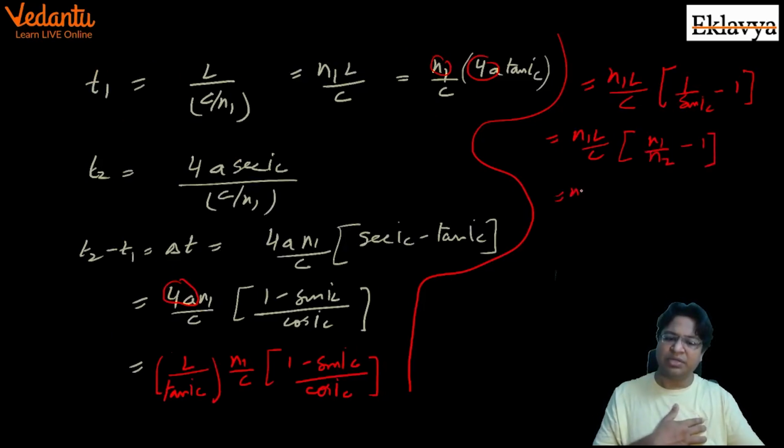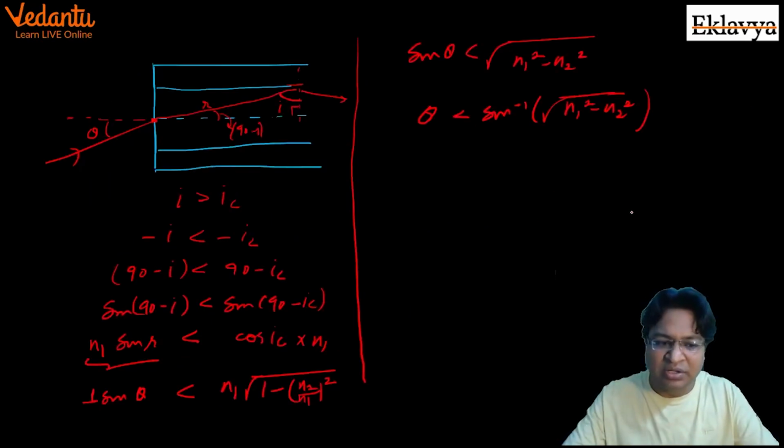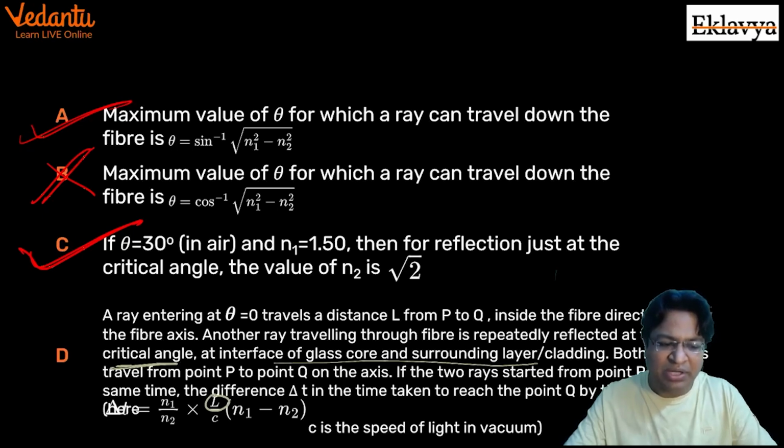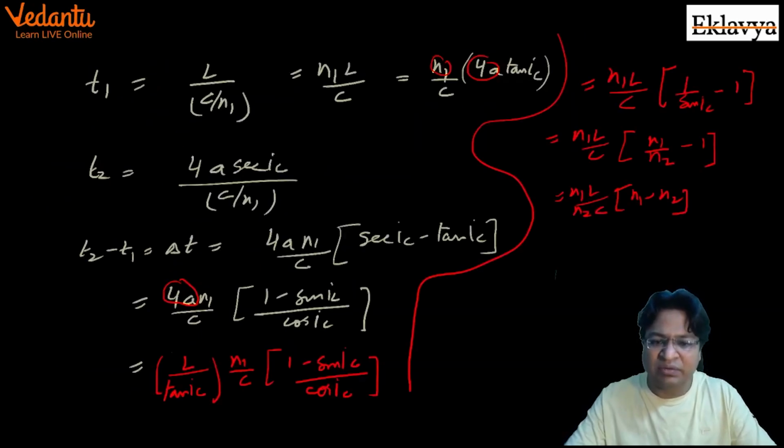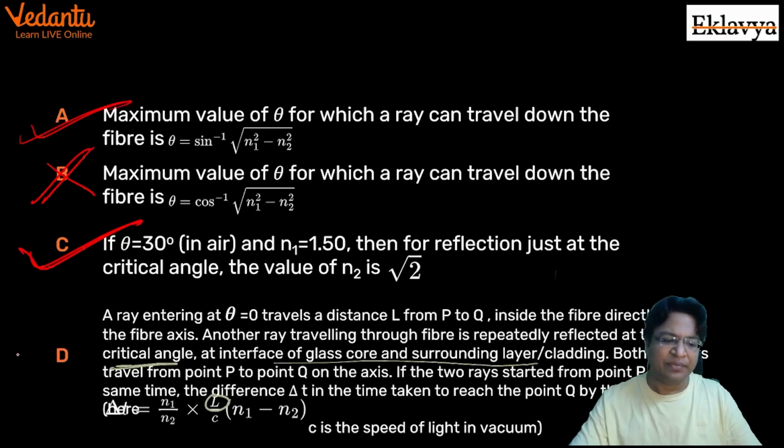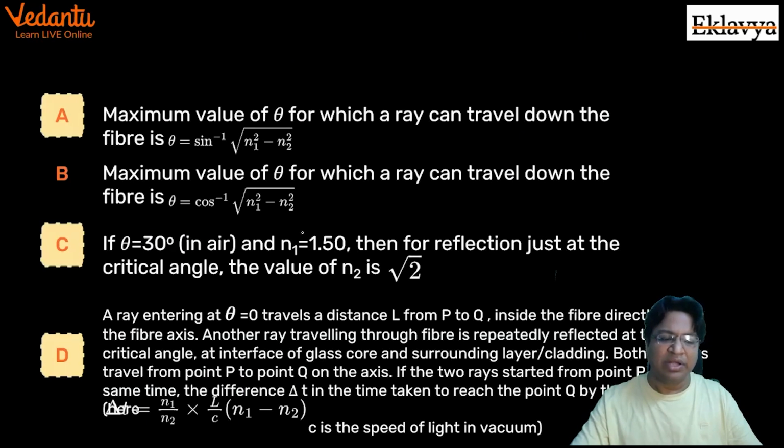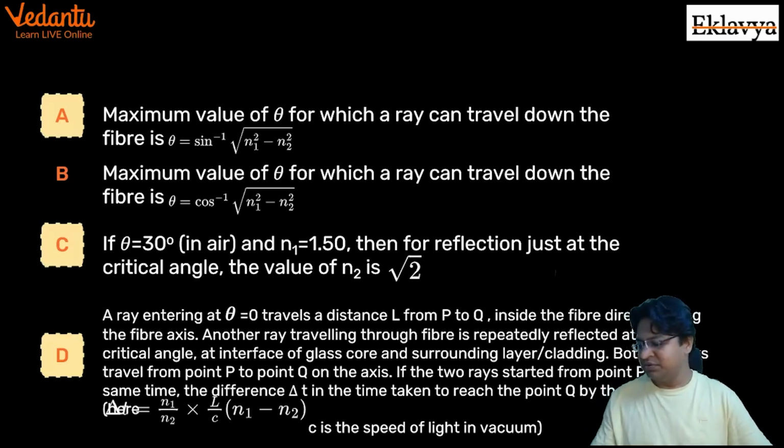So this becomes n1 L by n2 c, and then n1 minus n2. Let's see the D option. n1 by n2 into L by c, n1 minus n2. Yeah, so D option is also correct. Alright, so the right answer to this question would be A, B, and D, as we saw.